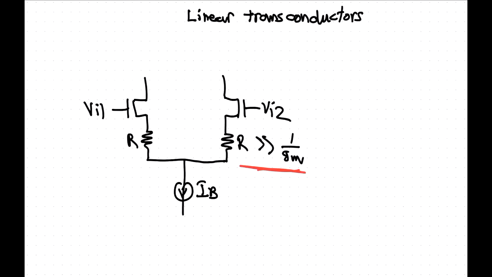This is up to you. You can make R 100 times bigger than 1 over gm, then the amount the gm changes is going to be a fraction of a percent probably, for most cases. So you can do what you like there.